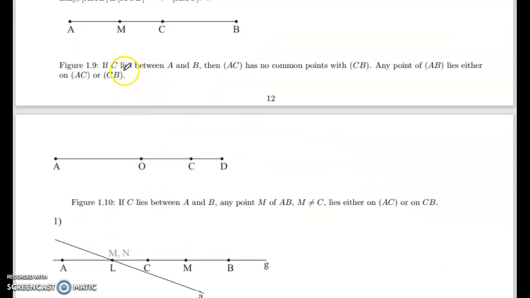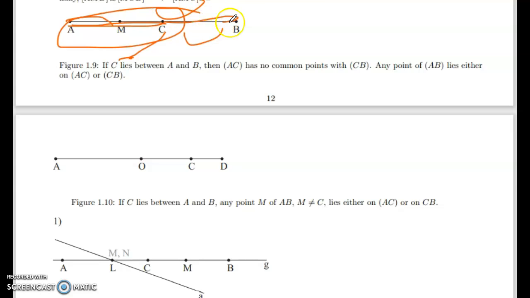In this figure, if C lies between A and B, then AC and CB have no common point. Any point of AB lies either on AC or on CB.